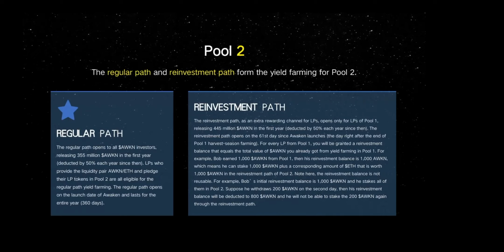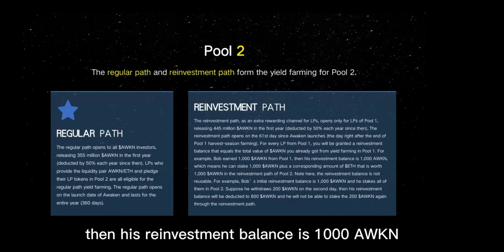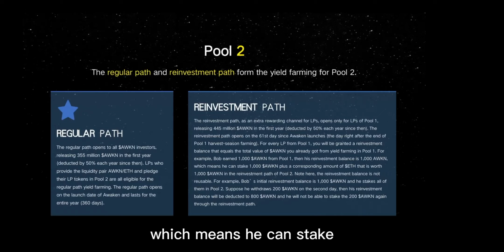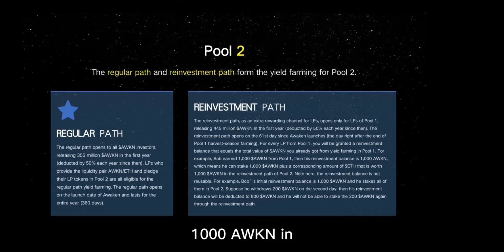For example, Bob earned 1,000 Awaken from Pool 1. Then his reinvestment balance is 1,000 Awaken, which means he can stake 1,000 Awaken plus a corresponding amount of ETH that is worth 1,000 Awaken.